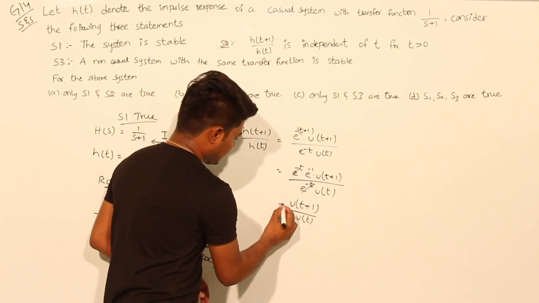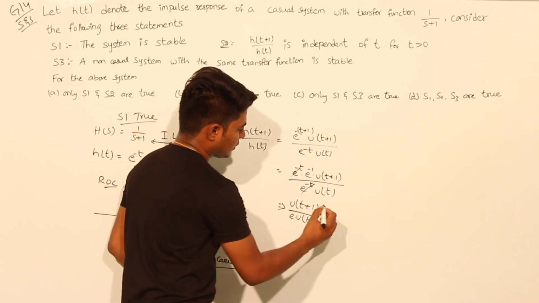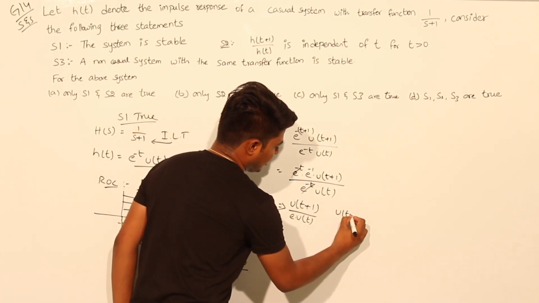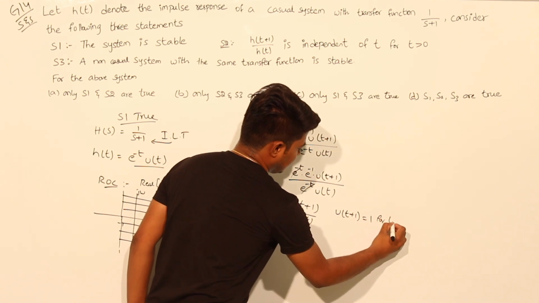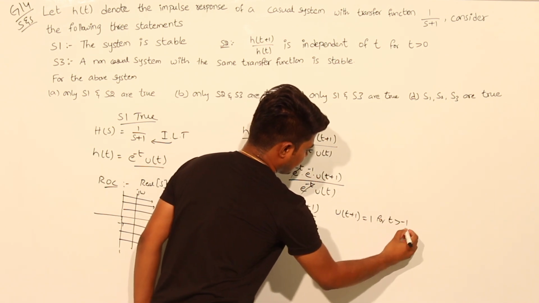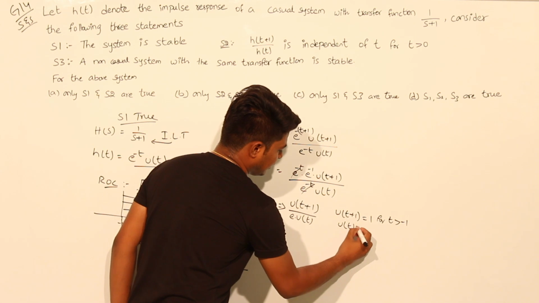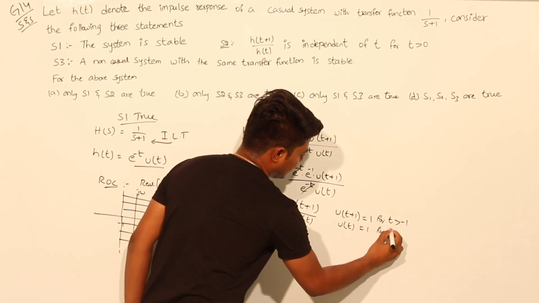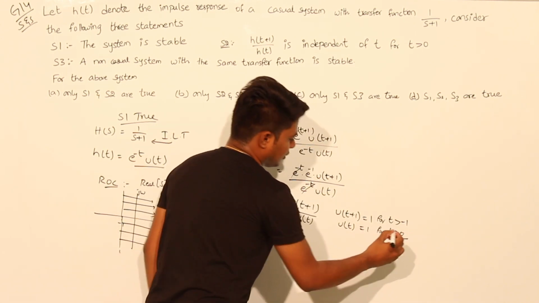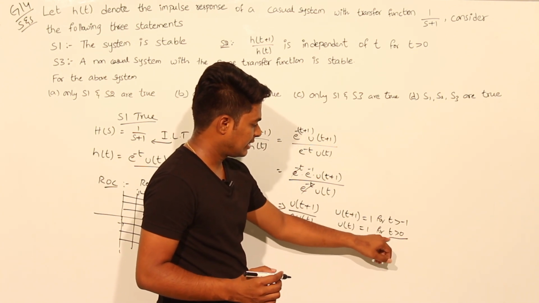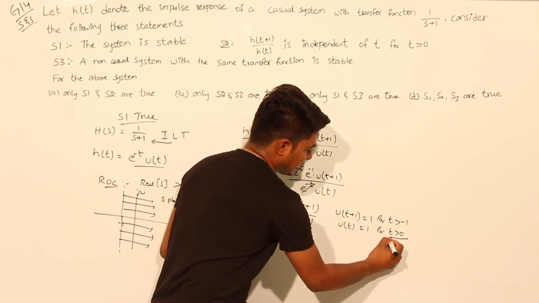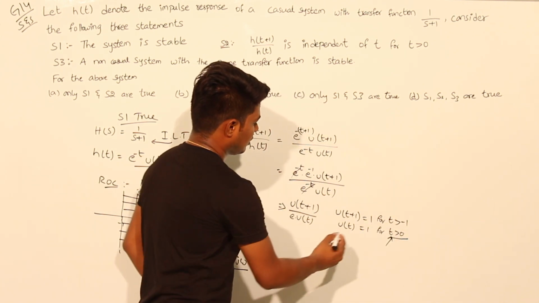Now here, u of t plus 1 is equal to 1 for t greater than minus 1, and u of t is equal to 1 for t greater than 0. You take the range which covers both, like t greater than 0. If you take t greater than 0, it covers both.